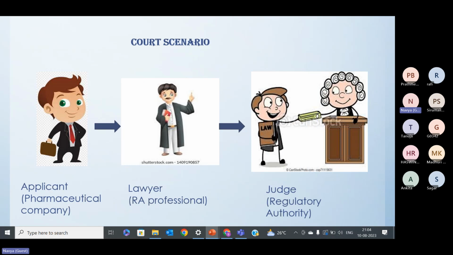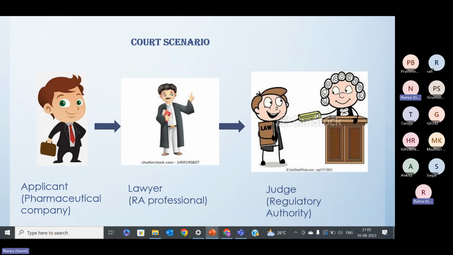So if a pharmaceutical company wants to register a product in, for example, European countries, the US, or any other international markets, we collect the data from the pharmaceutical industry. We study the requirements of the particular country and the guidelines.